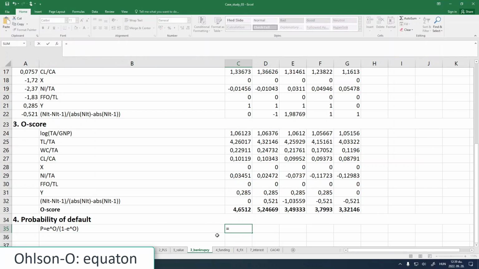So, in Excel language, we need exp of this, dividing by 1 minus exp. This is not good.